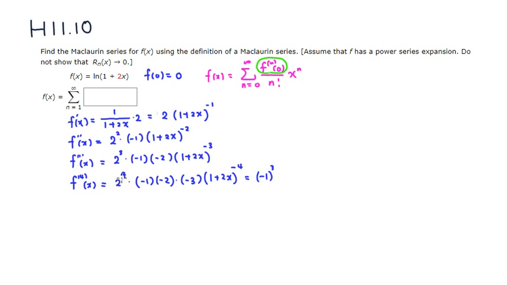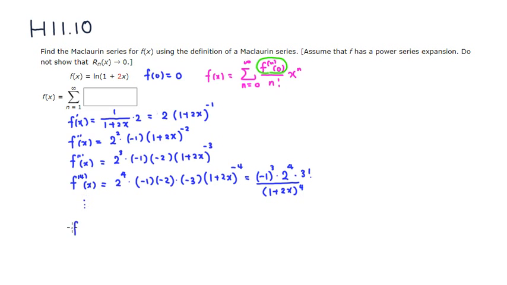You have 2 to the 4th power, over (1 plus 2x) to the 4th power. And also we have 1 times 2 times 3, so that's a 3 factorial. Now we see the pattern.